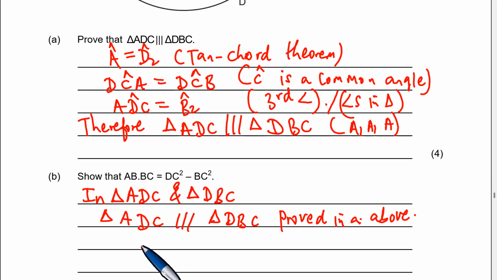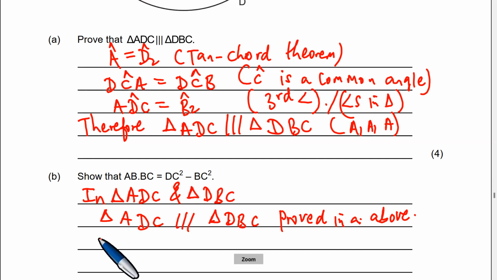And then it follows what I said yesterday. What did we say yesterday? Yesterday we said that if you have this similarity and these angles are in the right order, A is equal to D, D equals B, C equals C, then we can be able to write the correct ratios.